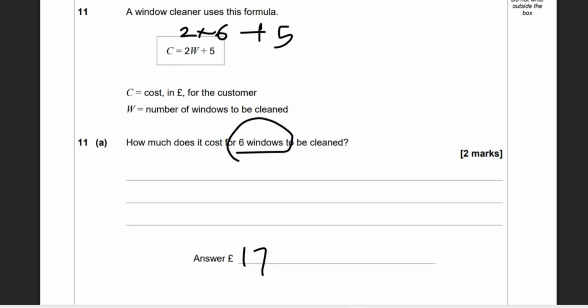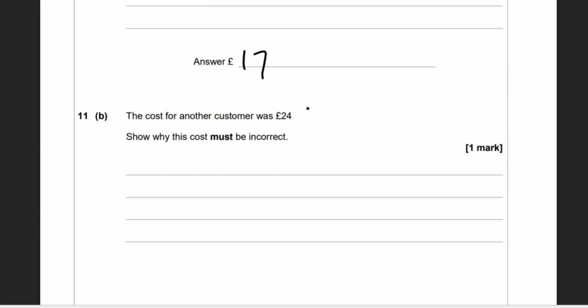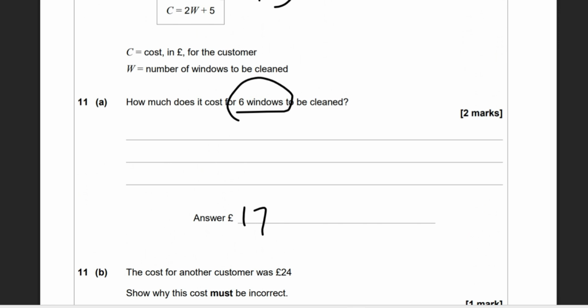Then the next one, they said the cost for another customer was 24. Show why this has to be incorrect. Remember what we had was 2W plus 5. So 2W plus 5, if it is equal to 24, then what it means is 2W is 24 minus 5.